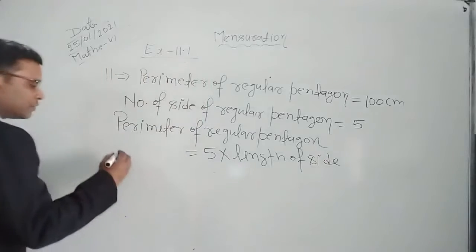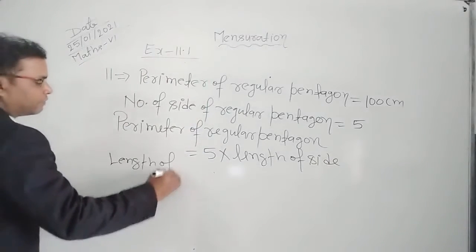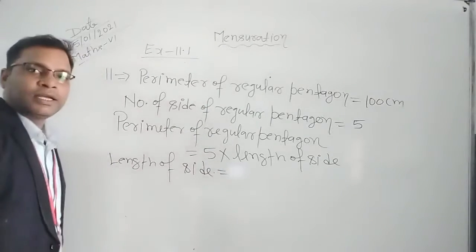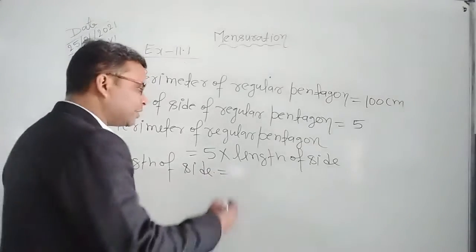Okay, so you can write length of side is equal to what? Length of side is equal to, you can say, perimeter by 5.